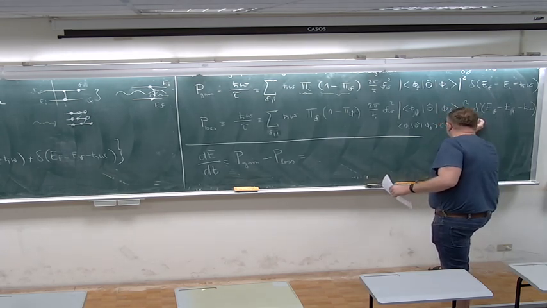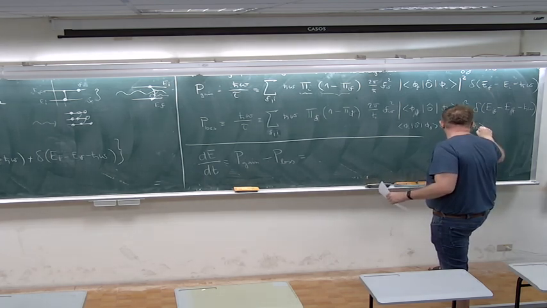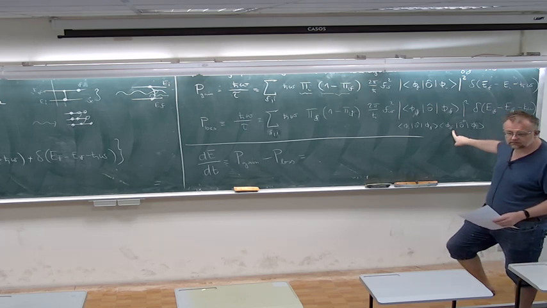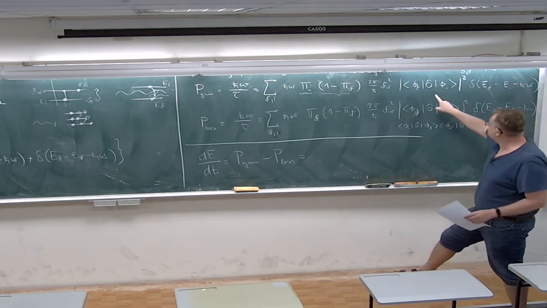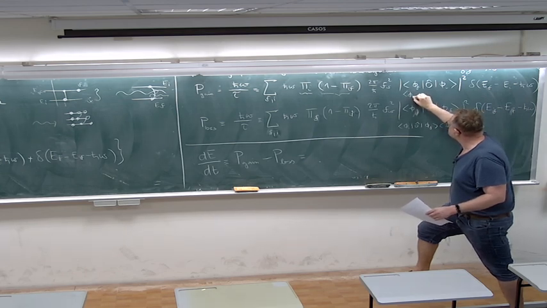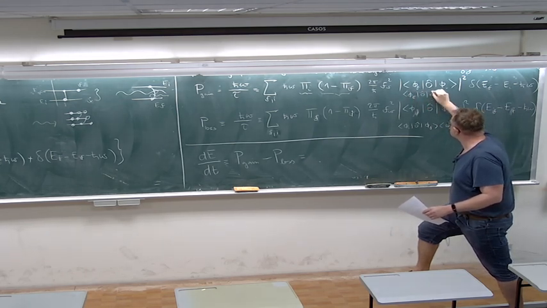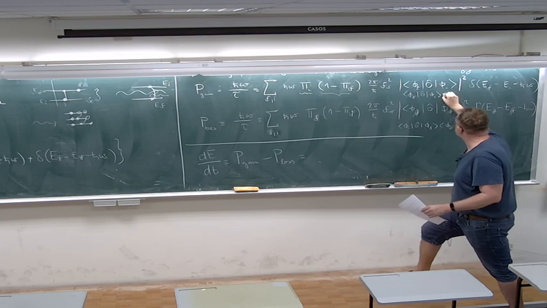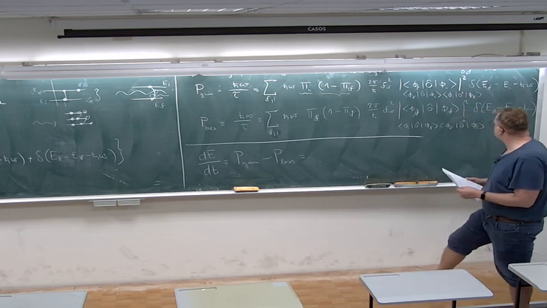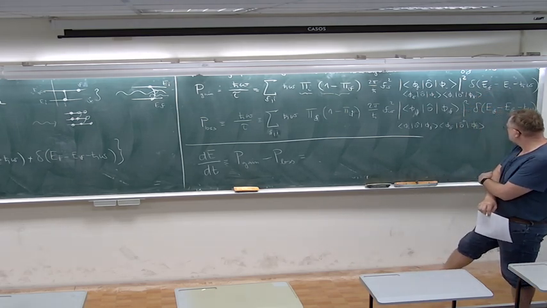Complex conjugated, and it will be like that. Okay, this element is this. You see it? This element is this. Okay?